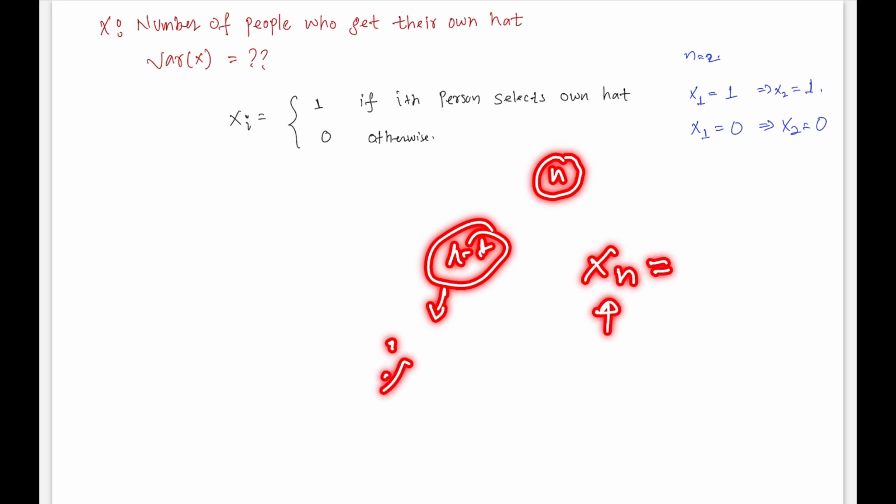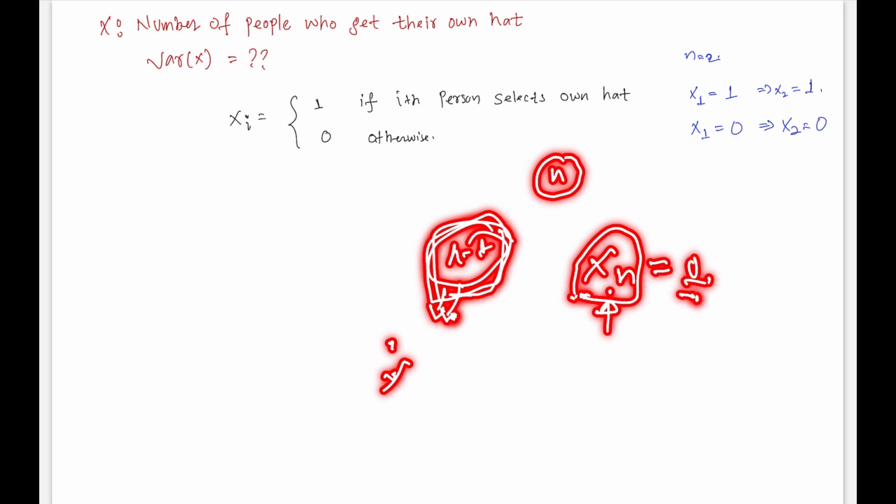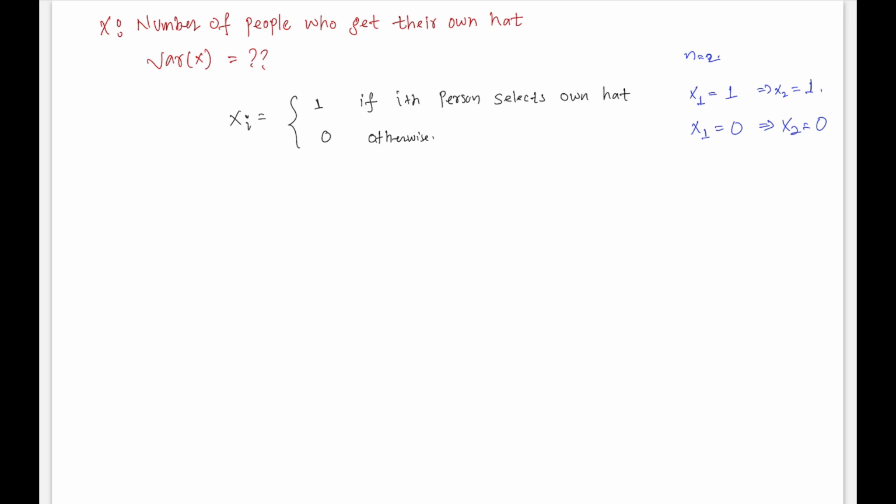Since you know this information, you will be able to answer that yes, the nth person will also get their hat back. So the overall point is that these random variables xi's, that is x1, x2 up to xn, are dependent.